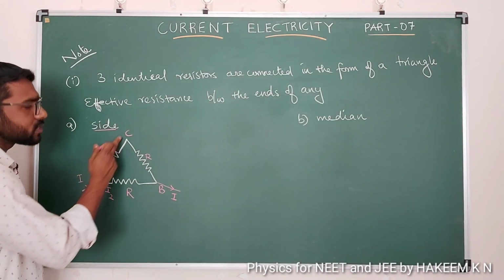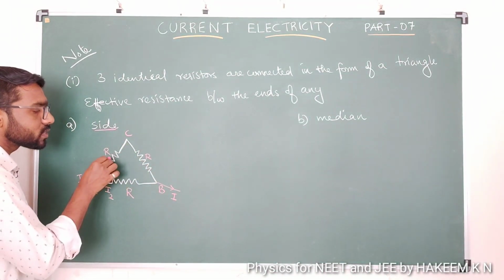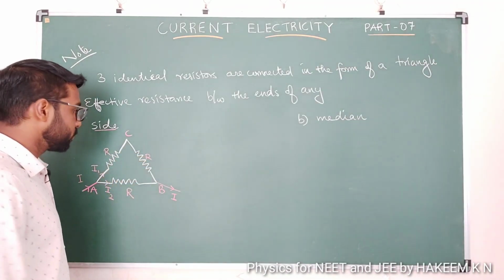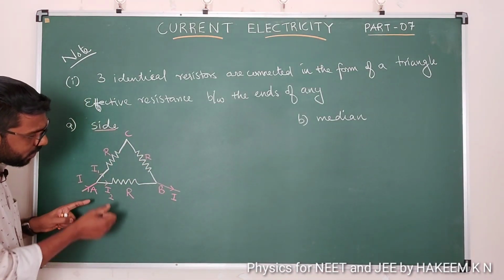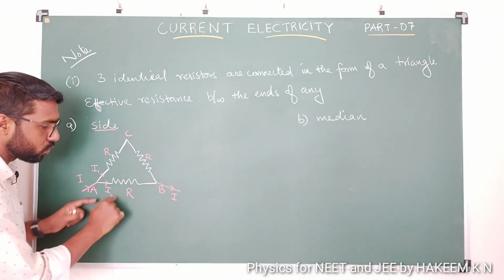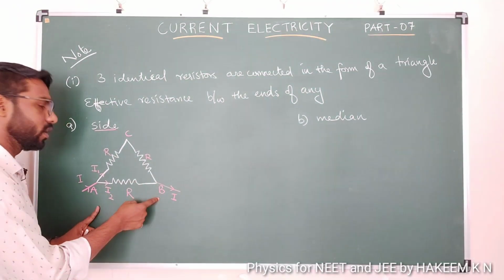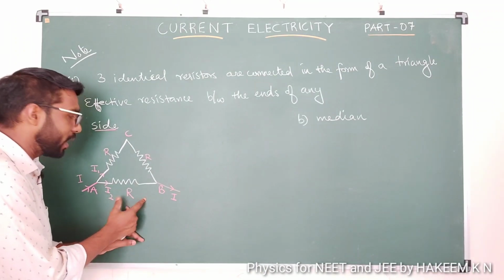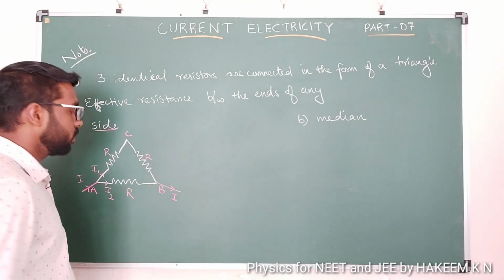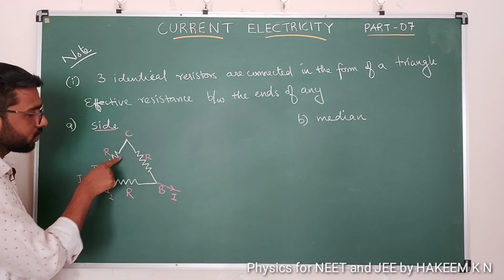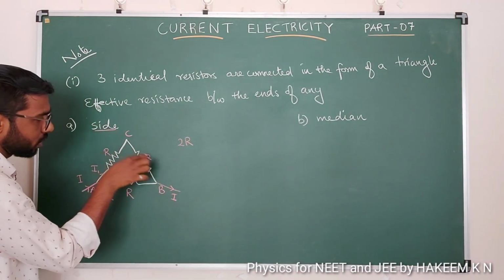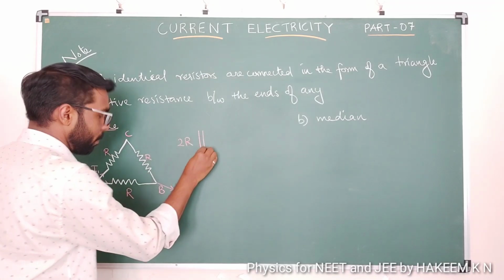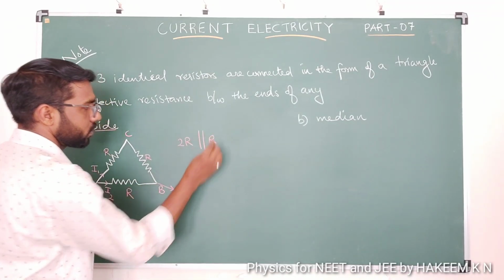This I1 will pass through these two resistors, the same current passes, so it is a series connection. And a different current I2 passes through the resistance in the arm AB, so it is parallel to the 2R in series. So we can say here 2R in series, parallel with R.